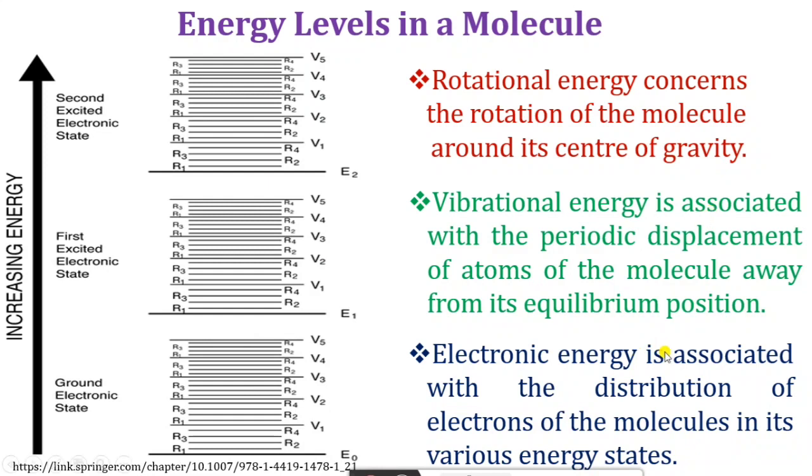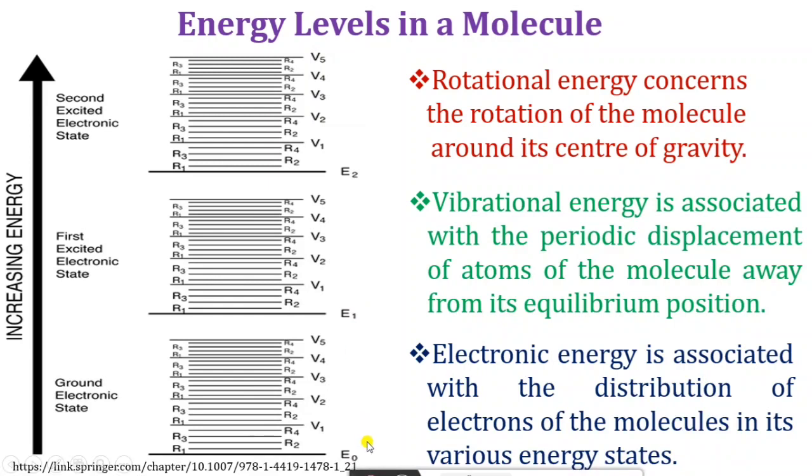And electronic energy is associated with the distribution of electrons of the molecules in its various energy states. So E0 here represents the lowest electronic level, E1 is the next higher electronic level.